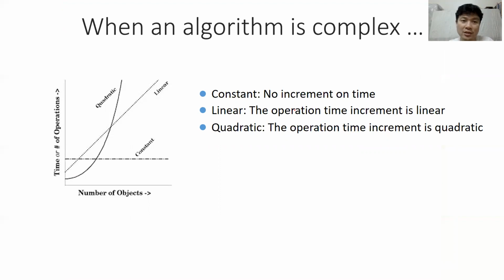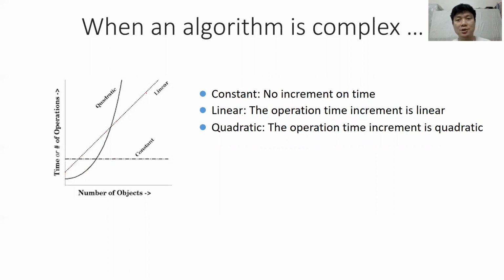If your data is huge, but your algorithm can run in constant time, of course, it's much better. Or the other complexity that we learned about the algorithm is the linear. So the operation time increment is linear. It means when the number of objects or the number of data is increasing, the computational time is also increasing.